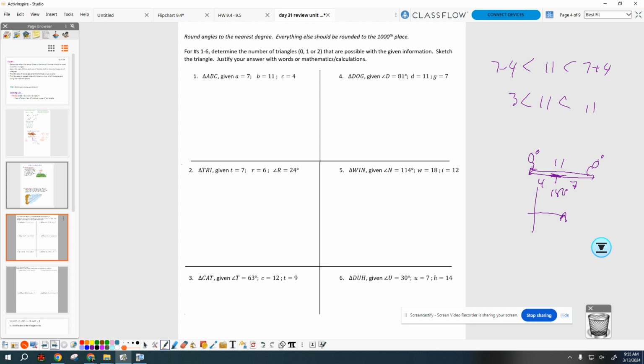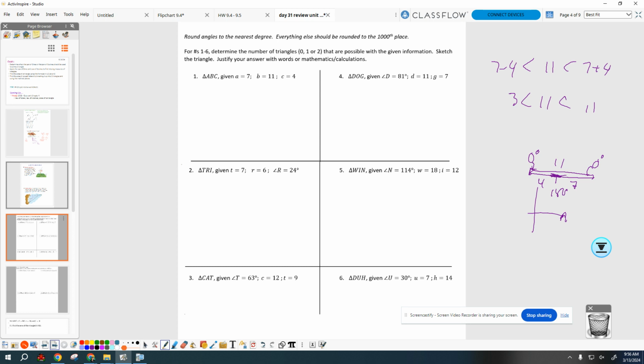I don't have the calculation, but you can take out the 3. So you get 162 and 24. That's not more than 180, you have enough degrees. You do sine 63 times 12, and 81.